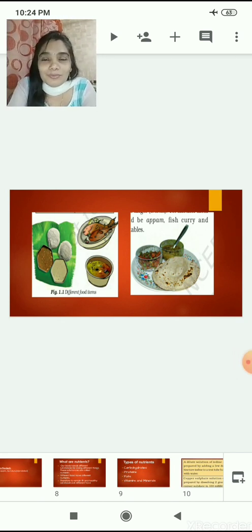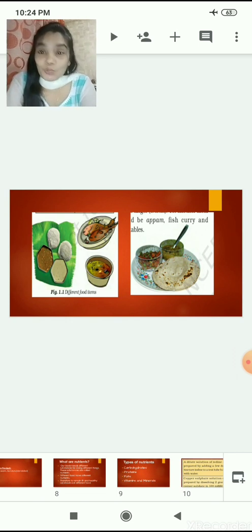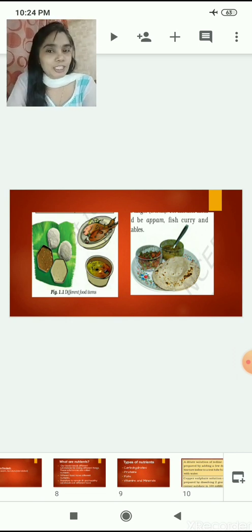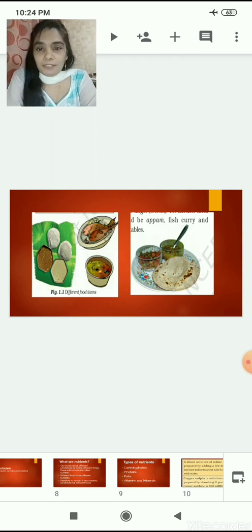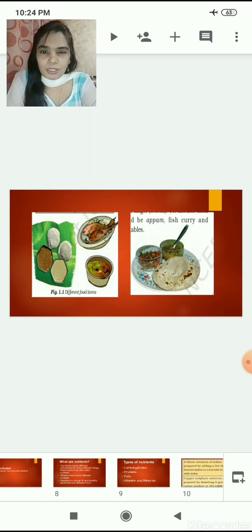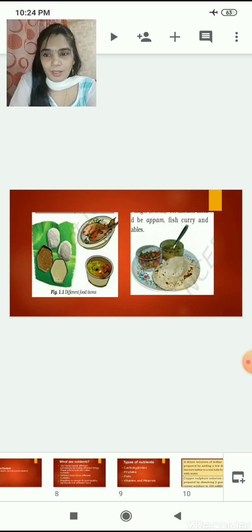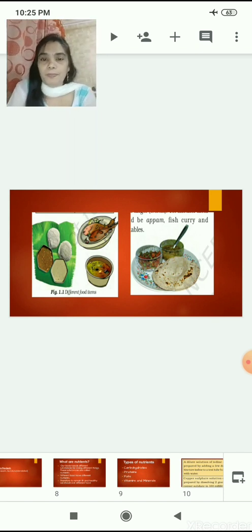So what we have to understand is, what do different food items contain? So we know that each dish is usually made up of one or more ingredients which we get from plants and animals.